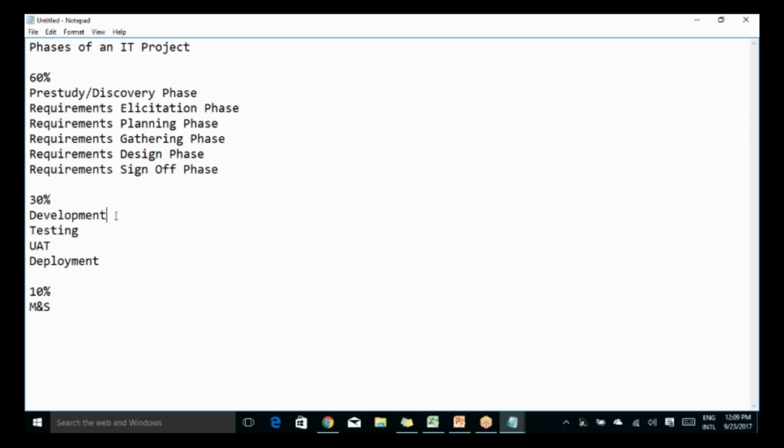Whenever you are coordinating with the development team and the testing team, it's not that you would be performing testing. You would only coordinate with them if they have a business query. For example, like I gave you, the system should not allow the user to transfer more than $50,000 a day.